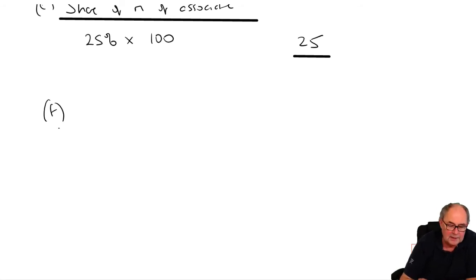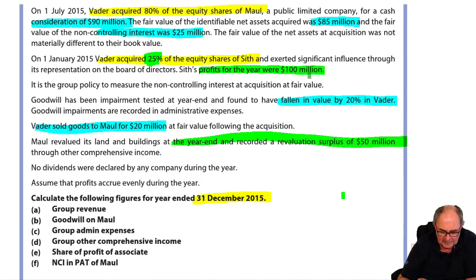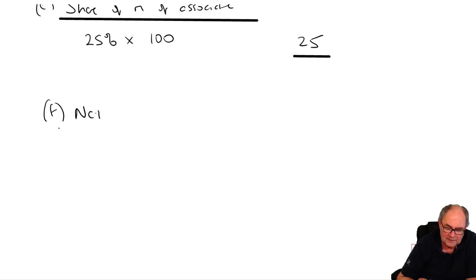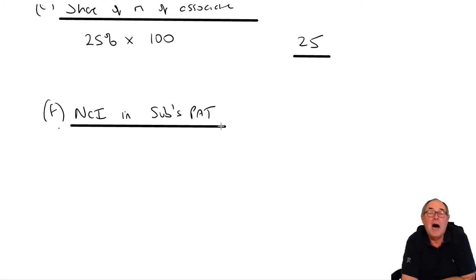What's left? The last one in these little extracts is the NCI in the subsidiary's profit after tax. So the NCI in the sub's profit after tax. When you did these questions in financial reporting, you would type the words attributable to as you split up the group profit after tax. We're just interested in the NCI in S's profit after tax.